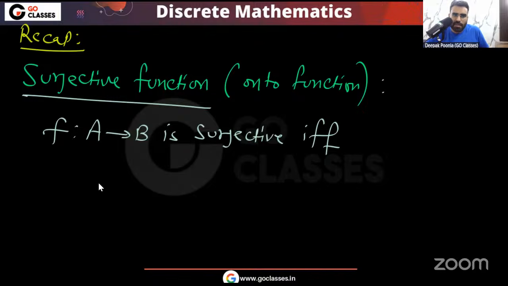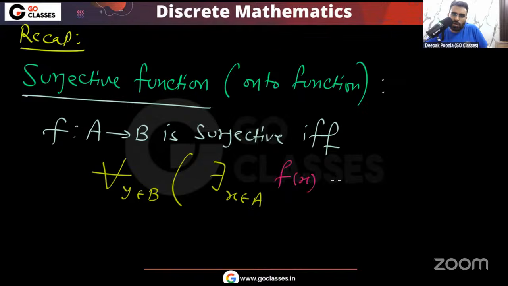That is, for all y belonging to codomain B, there must exist at least one pre-image x such that f(x) equals y.